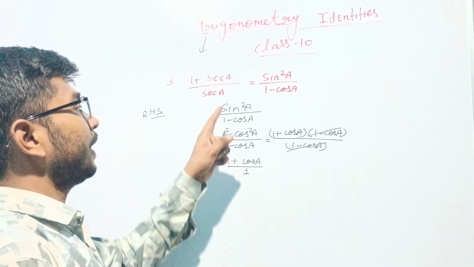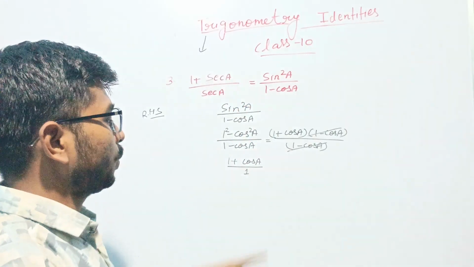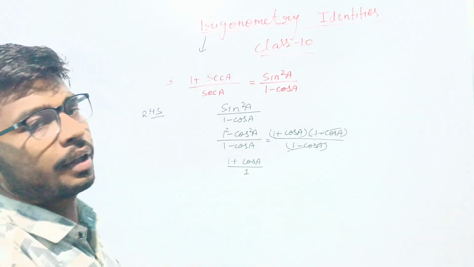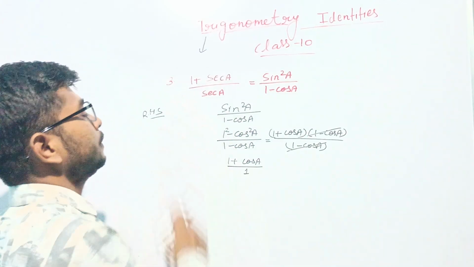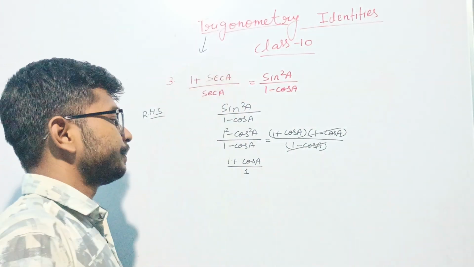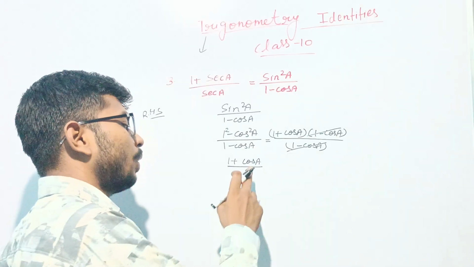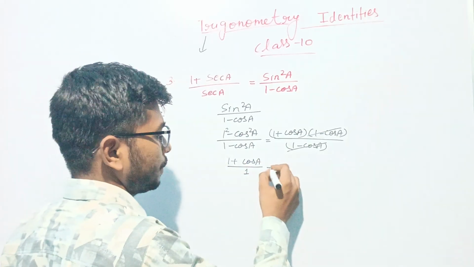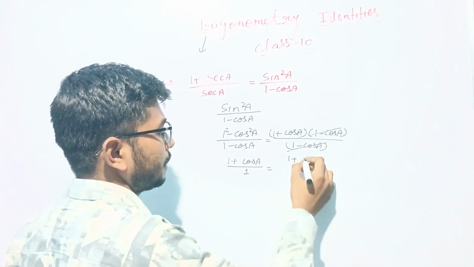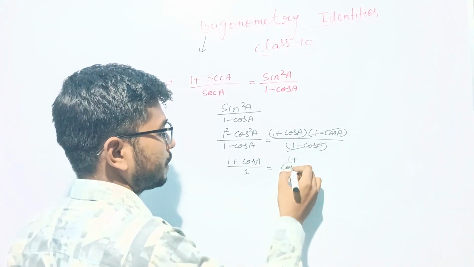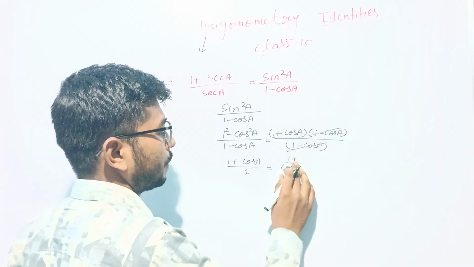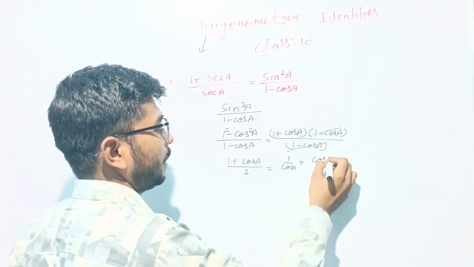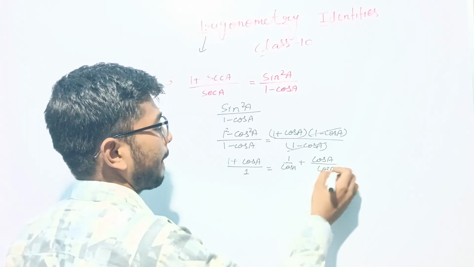Okay, but in the proof there is sec. So to find sec we can divide by cos in numerator and denominator, both. So 1 plus cos a, separately I can write, upon cos a.